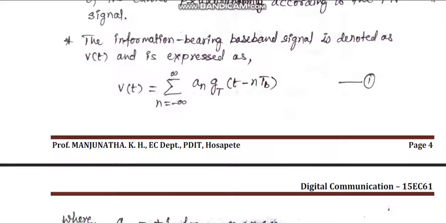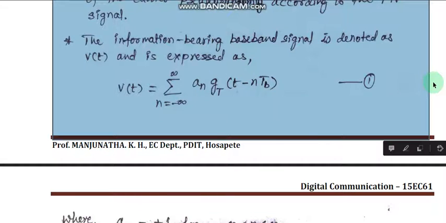So let me consider the baseband signal, or the information signal, or the message signal, is v of t, and it is represented with a_n as the amplitude level, and g of (t minus nT_B) is actually the rectangular pulses. Okay, so it is shown next. So summation of all the rectangular pulses will give me the message signal.